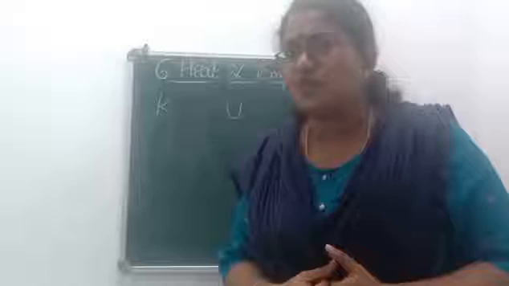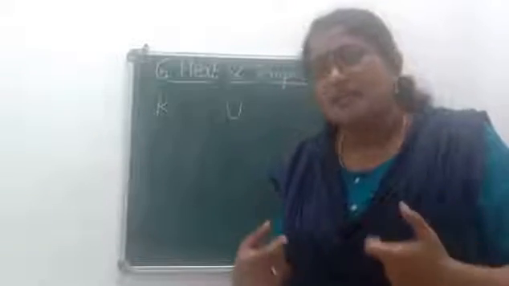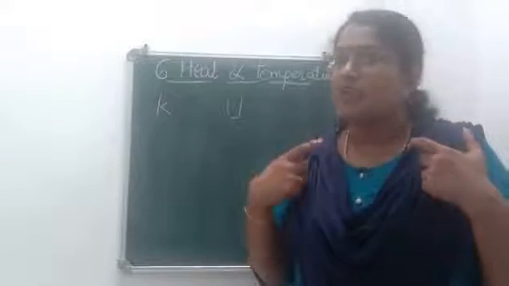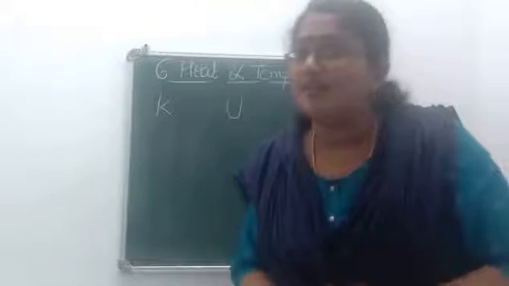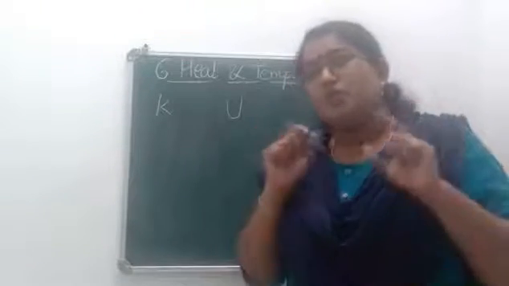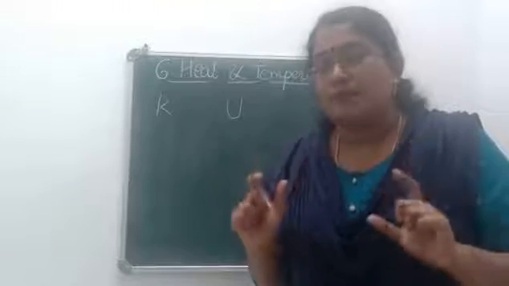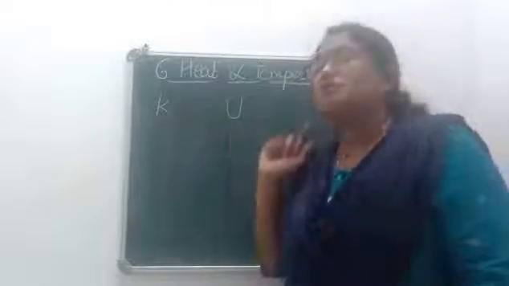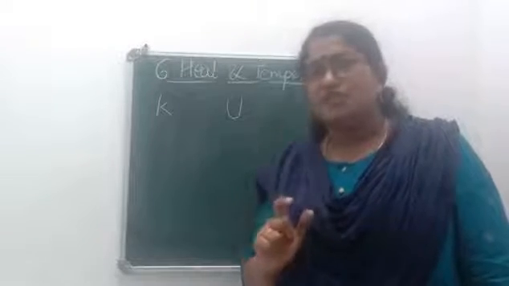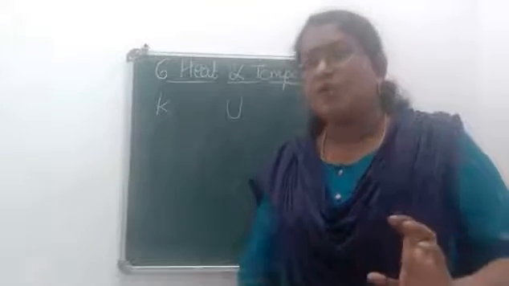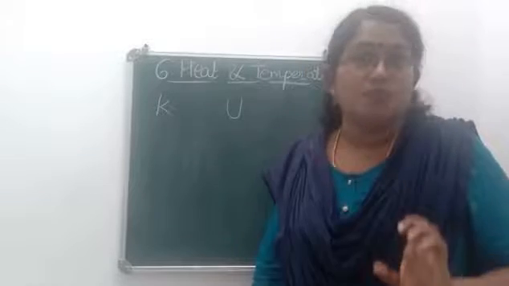What is the name given for that force of attraction? Interparticle or intermolecular force of attraction. So there is a force of attraction between the particles of matter. So due to this interparticle attraction, they possess potential energy. Okay. When you are considering matter, molecules are always in random motion.